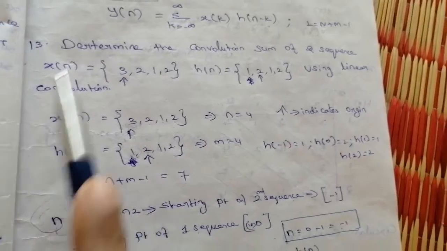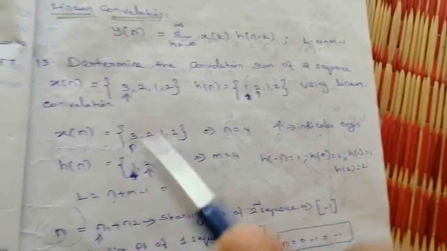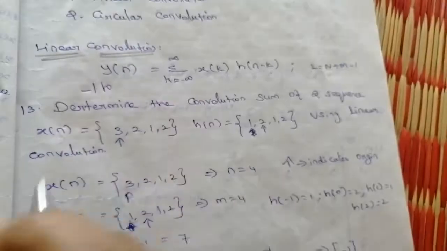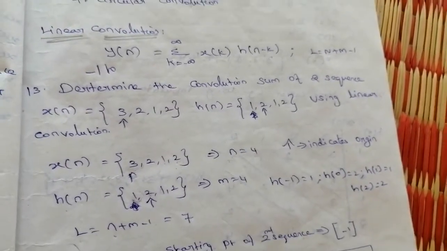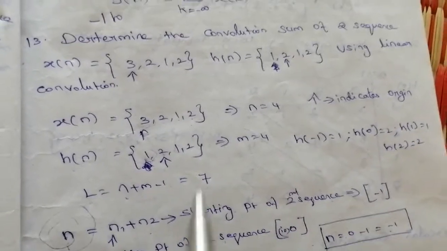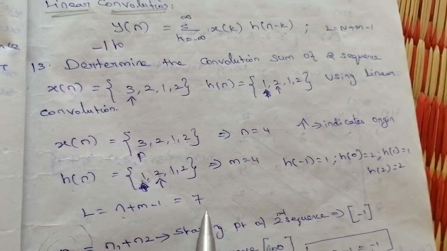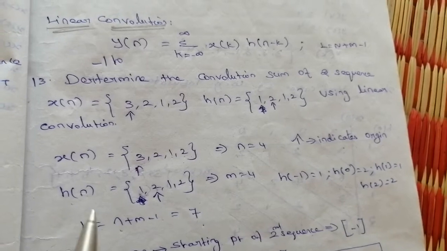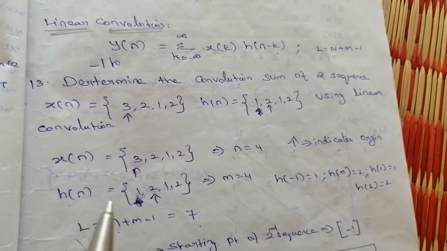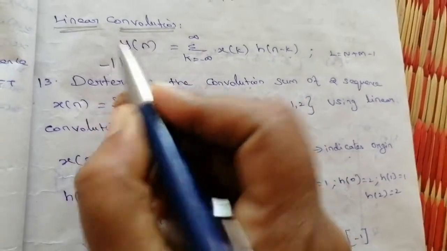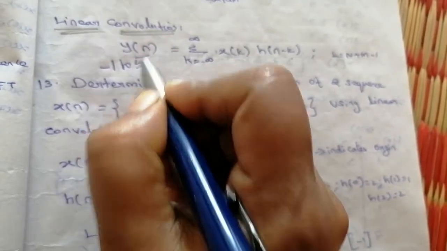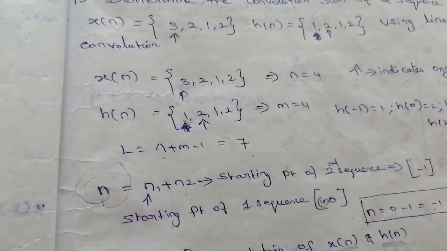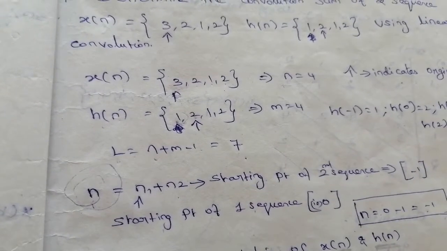So we start with n equals minus 1, and the total length is 7. So we calculate minus 1, 0, 1, 2, 3, 4, 5. From minus 1 to 5 we get 7 values. Likewise we have to find the starting point, right?